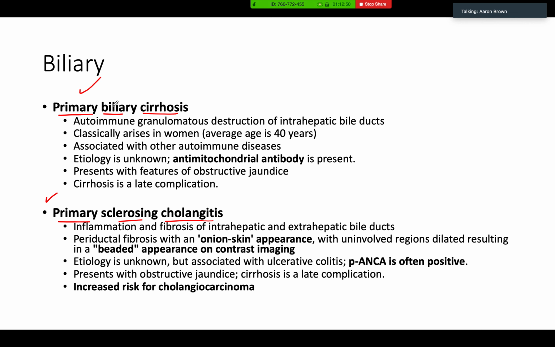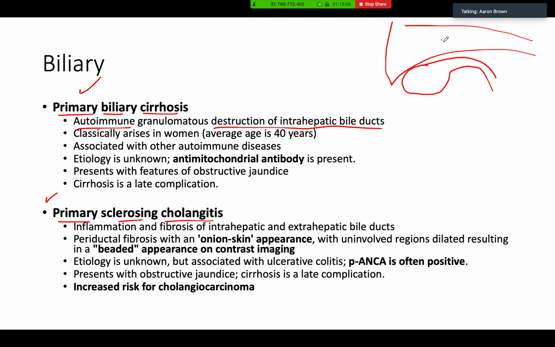So primary biliary cirrhosis, here we have an autoimmune condition where we have destruction of bile ducts, right? So here's our liver, here's our gallbladder, giving us our cystic duct, and here's our hepatic ducts. Here's our right hepatic duct, here's our left hepatic duct. They both join together, and then those join with the cystic duct to give us our common bile duct, and that is going to go into the ampulla, right?